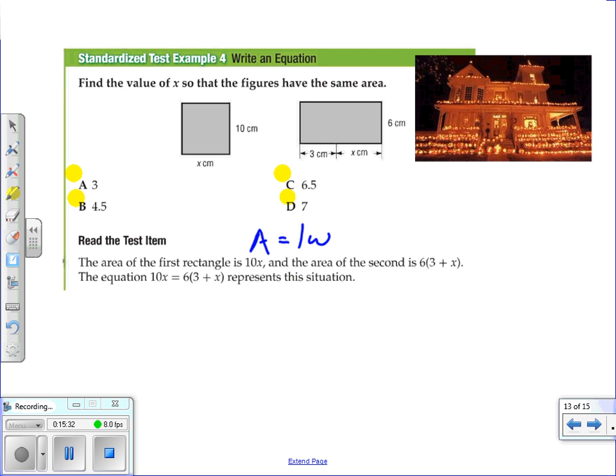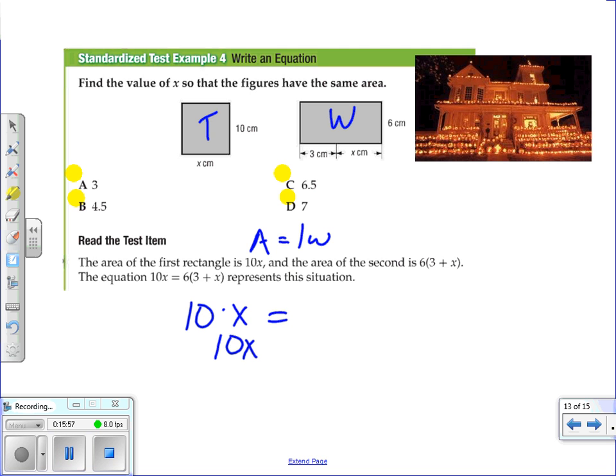So the area of rectangle number 1, or let's not call it 1, let's call it T and W, okay? The area of rectangle T is 10 times x, or 10x, right?